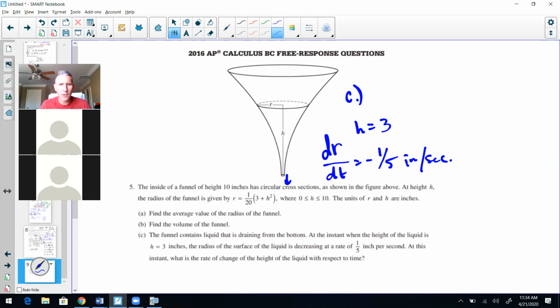So that tells me that dR/dt is negative 1/5 inches per second at that point. At this instant, what is the rate of change of the height of the liquid? So I'm looking for the dH/dt.